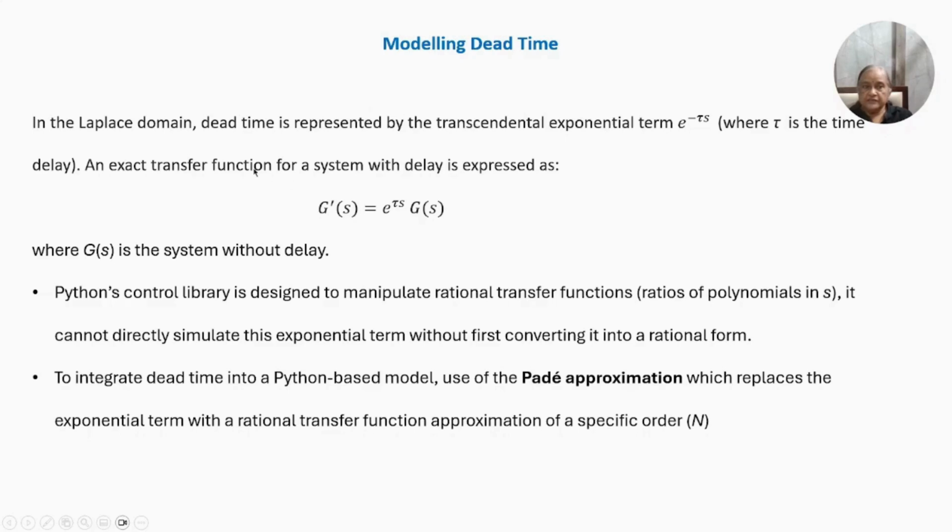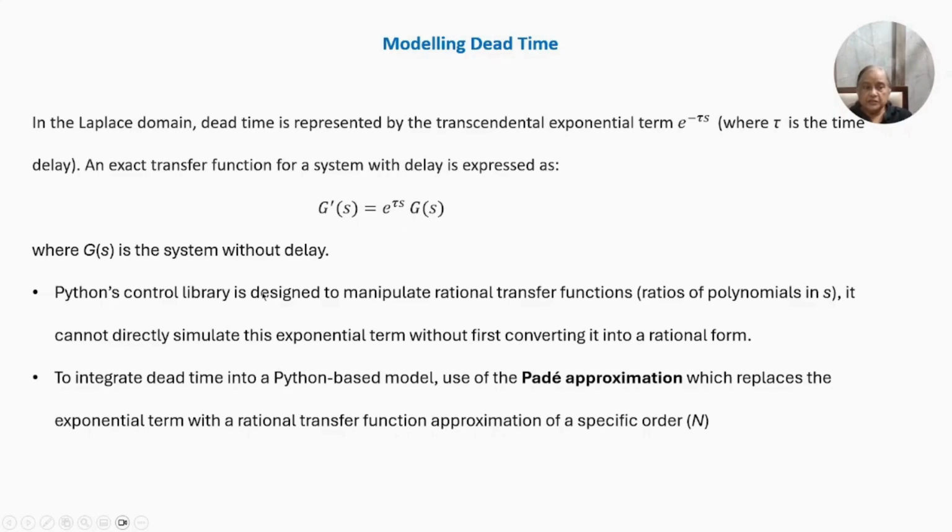So the exact transfer function of the system with delay is expressed as G dash of s equal to e to the power of minus tau s into G of s, where G of s is the system transfer function without delay. The delay is accounted for by connecting e to the power of minus tau s in cascade with G of s.